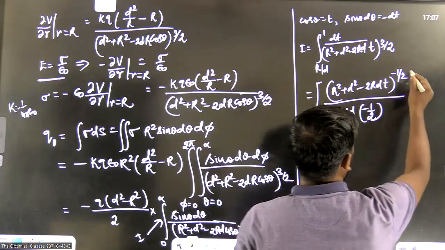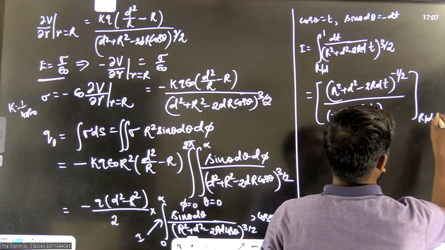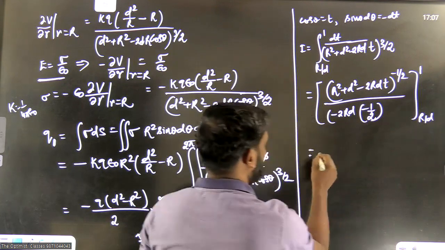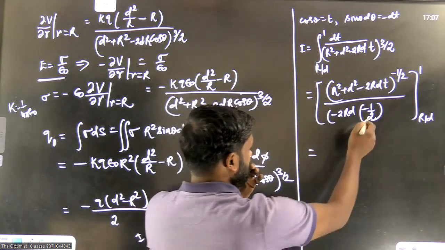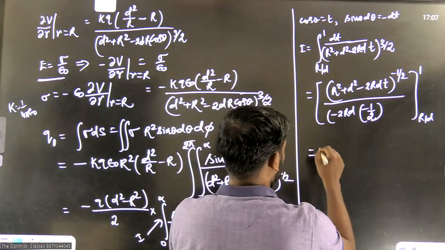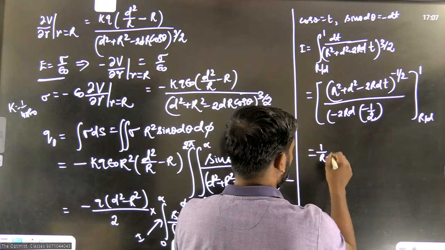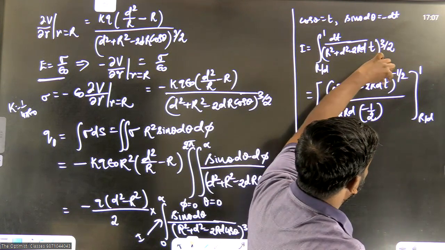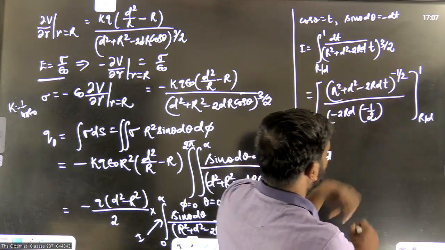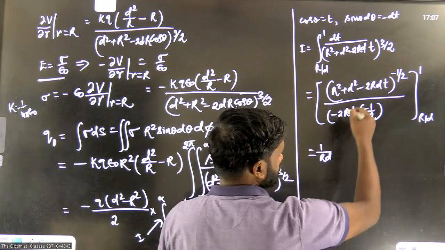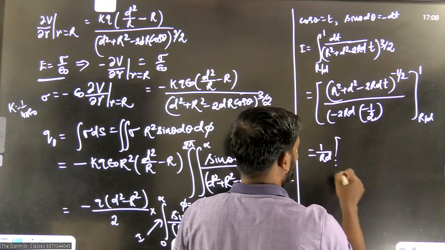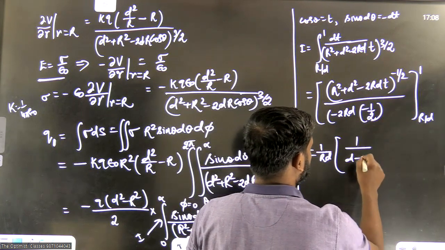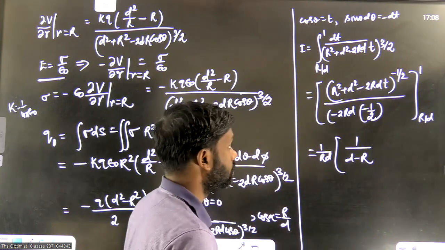Here the limit is r by d to 1. The factor of 2 will cancel out, so you'll get here 1 by rd. When you put 1, it will become r square plus d square minus 2rd, which is d minus r whole square. So with the square root, it will become actually 1 by d minus r. Okay, that's what you will get.